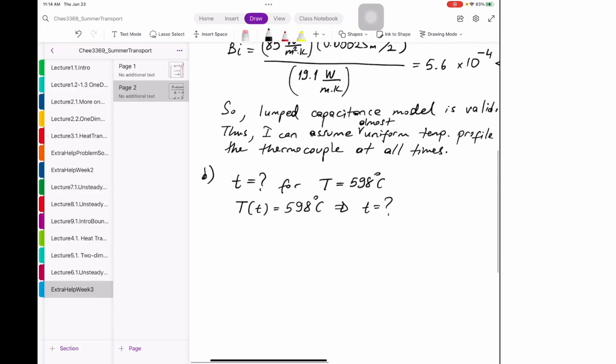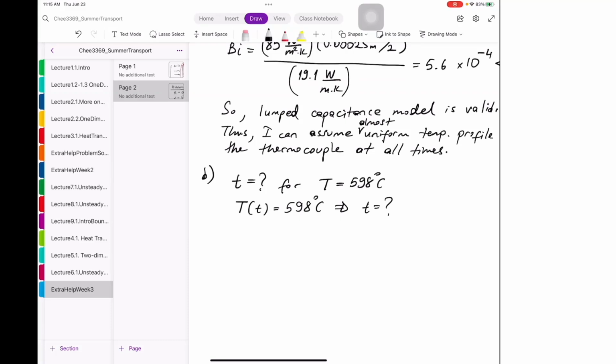How much time should elapse for the temperature to come to 598? It means after how much time my temperature is going to be almost equal to the fluid temperature, maybe 2 degrees less than the fluid temperature. In other words, I want to quantify how long it takes for this thing to equilibrate.